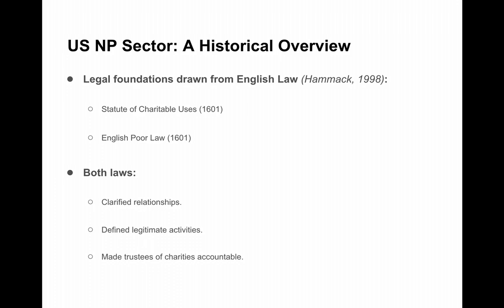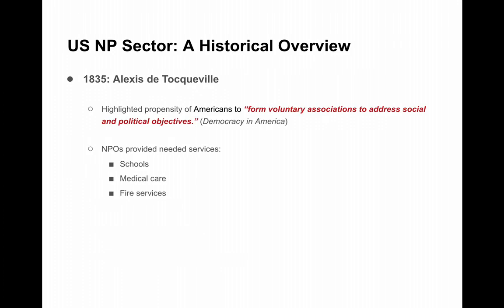Both laws clarified the relationship between the government and charity, defined what kind of nonprofit or charitable activities are legitimate, and also made the trustees of charities accountable. Right. So without the law, you don't know who's responsible to whom and for what. But both laws made it clear.